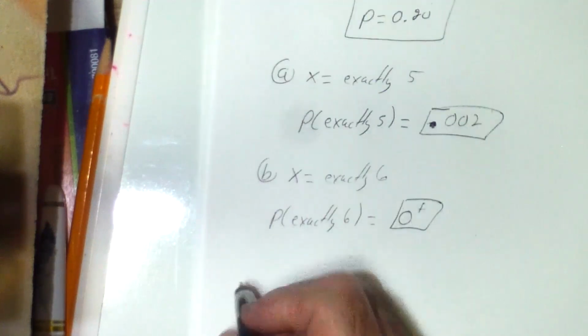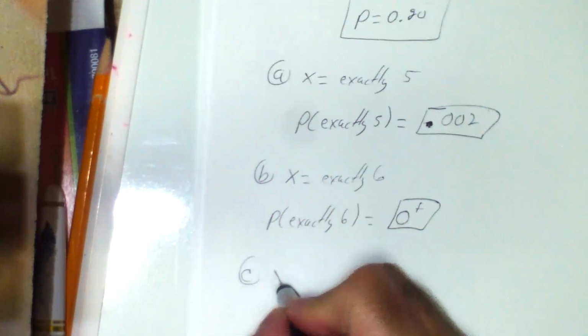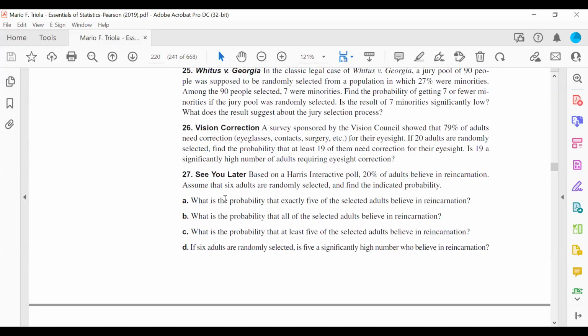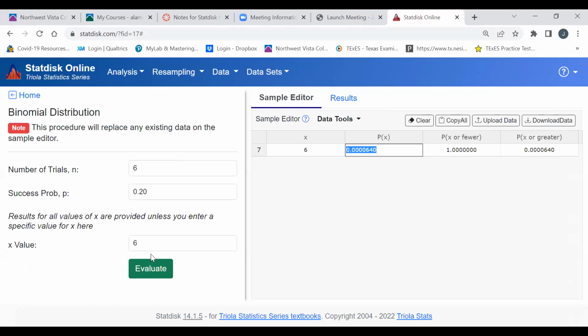Okay. C. What does C say? Find the probability that at least 5. So I gotta find the probability of at least 5. All right, so let's go to StatDisk. Plug in the 5 here.